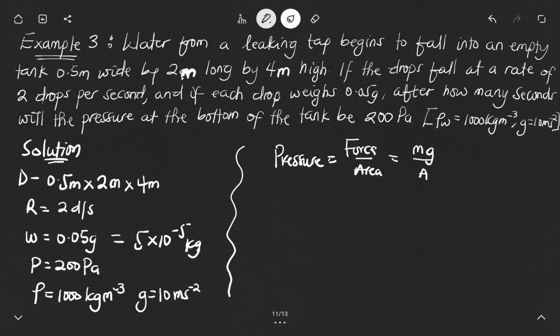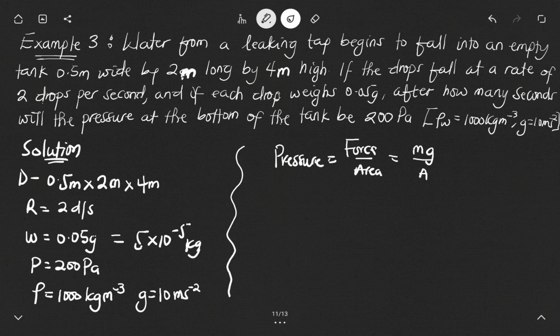So let me say that again. In order for us to calculate the seconds that have passed, and how much water is in the container for us to have 200 pascal, we need to calculate the mass of the water in the tank.